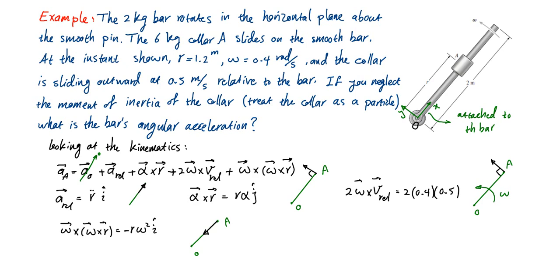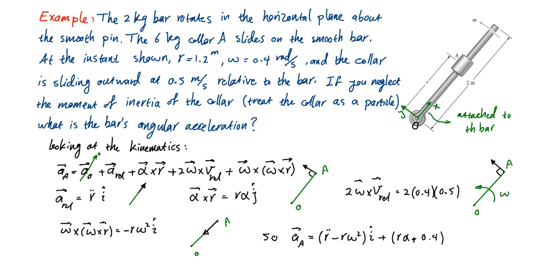So what happens is that, I'm going to put it here, the absolute acceleration of A is equal to, putting i and j components together, r double dot minus r omega squared i plus, well, I have r alpha there, so r alpha plus this calculation right here, which gives 0.4 plus 0.4.